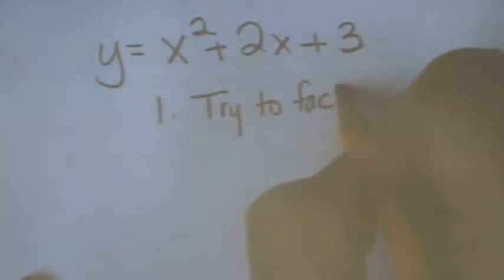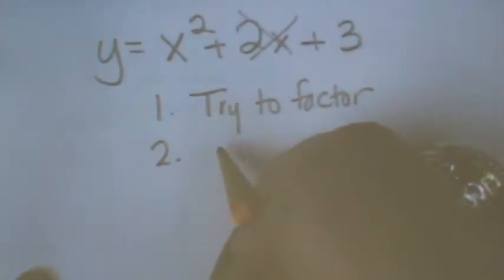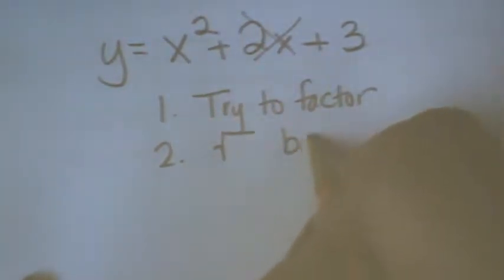Well, this is easy. We can try to factor it. Number two, if it didn't have this middle term right here, we could take the square root of both sides.